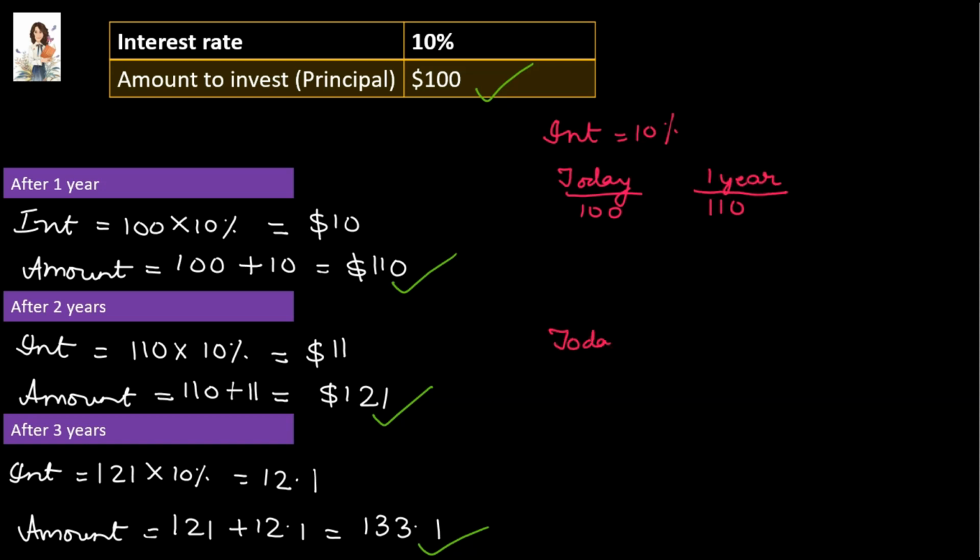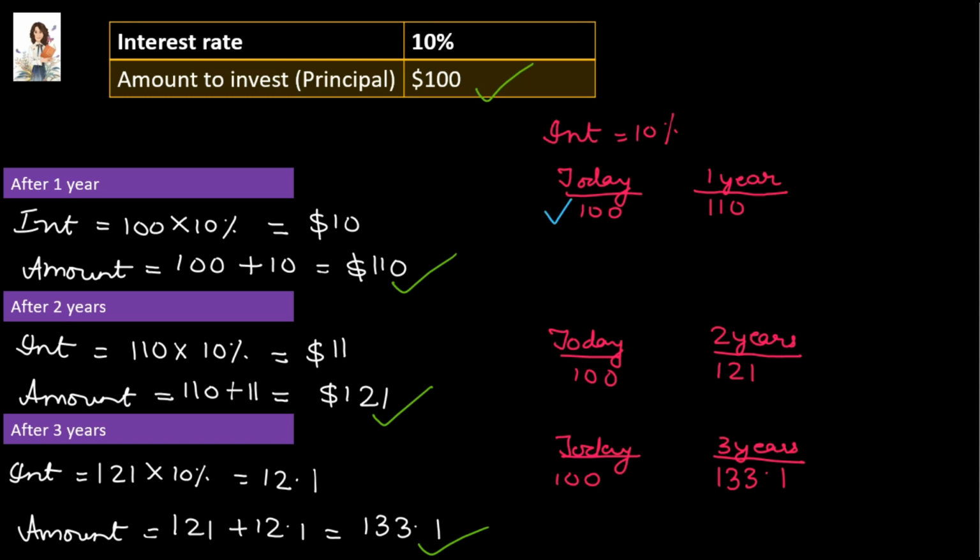Also, $100 today will become $121 after 2 years. And $100 today will become $133.1 after 3 years.